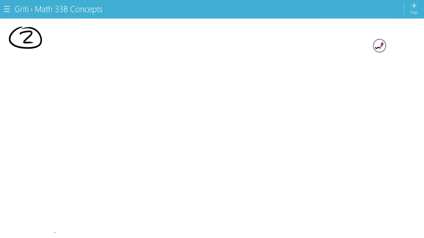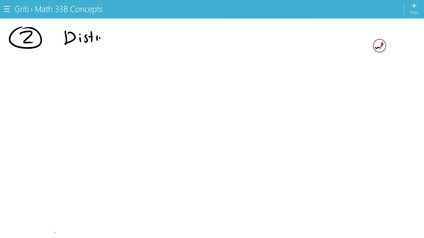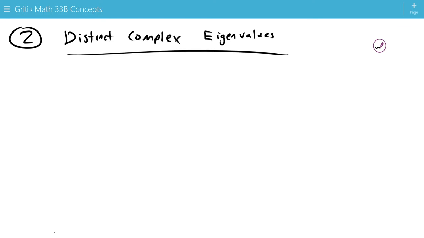Second case with our distinct complex eigenvalues. We're going to get two eigenvalues, so we'll just say eval, that are complex conjugates.